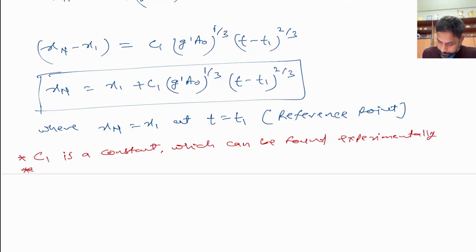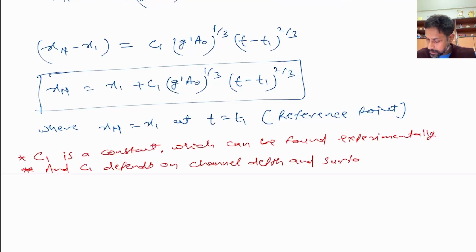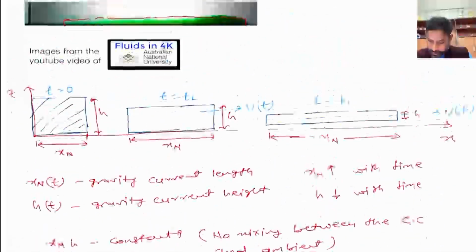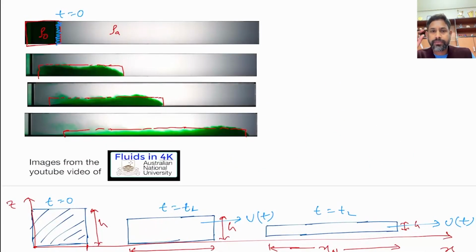And C1 depends on channel depth and surface, etc. So it depends on many parameters, and channel depth is one of them, because in some of the images we have seen here, if channel depth is limited, then there is a backflow, and that affects how the gravity current will flow.